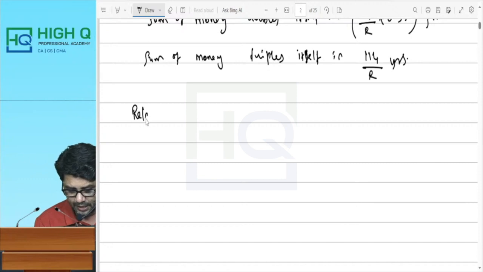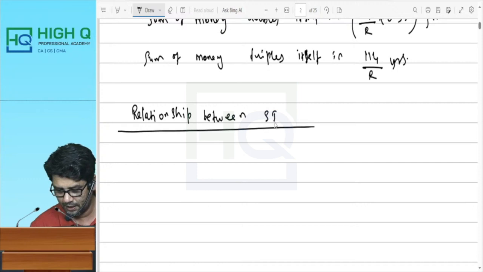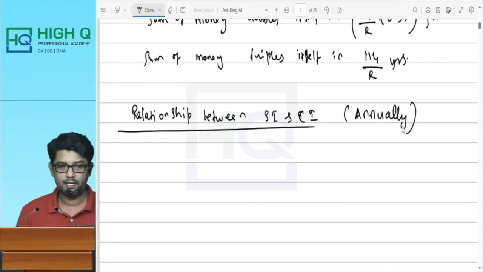Next, relationship between simple interest and compound interest, if it is calculated annually.